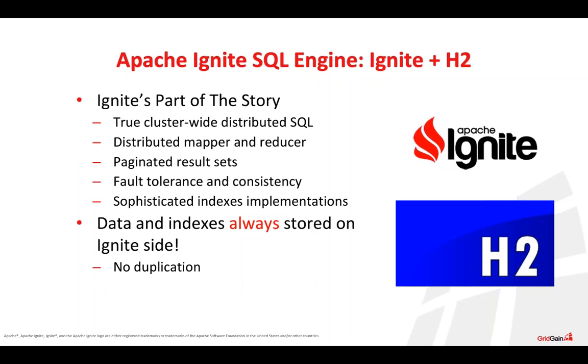So this is the part of the story that is implemented by the Ignite SQL engine. As shown on the slide, the Apache Ignite SQL engine provides and implements its own distributed mapper and reducer for queries.